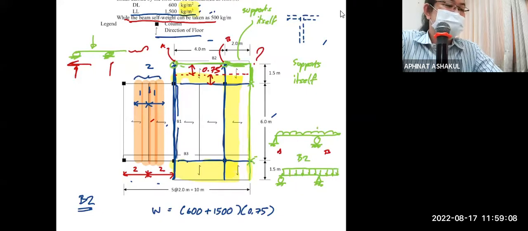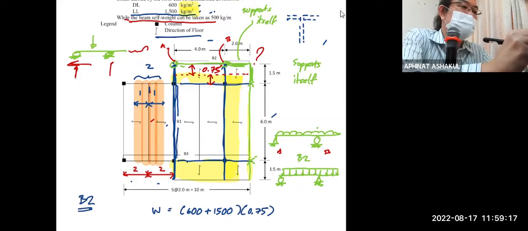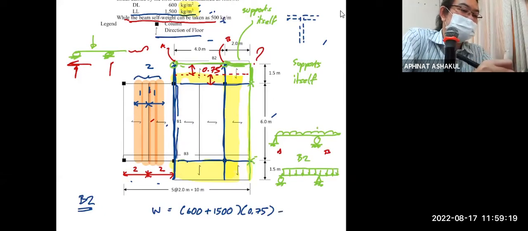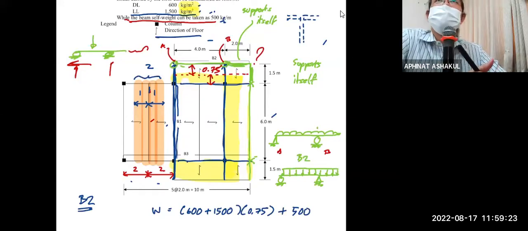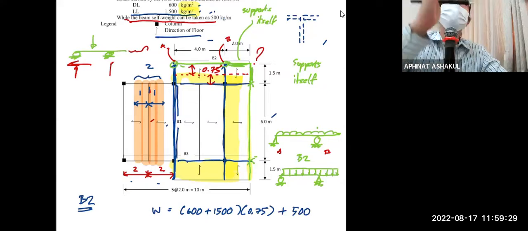Okay, guys, that's the load from the floor on the beam. But we need to also add the weight of the beam here. The weight of the beam has been given, so it comes in. Look at the unit, which I already obscured. Okay, it's kilogram per meter.